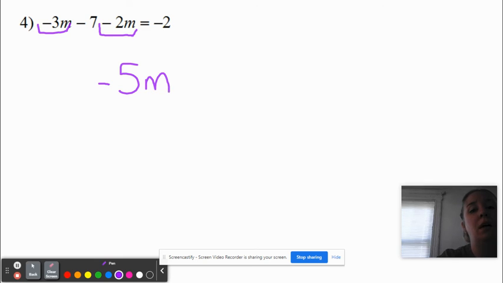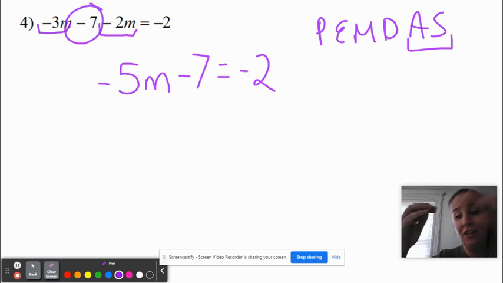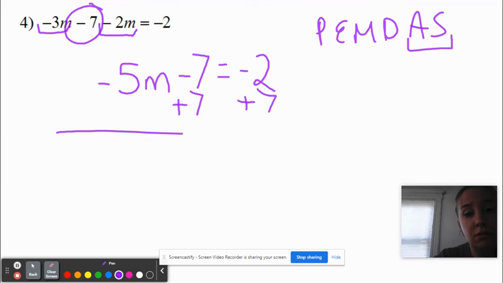And we haven't dealt with this. There's no other like terms on the left-hand side, so we just bring it down, sign with it. And again, we go in reverse order of operations. So we add and subtract stuff off. I have a negative 7, so I'm going to add 7 to sort of zero it out.